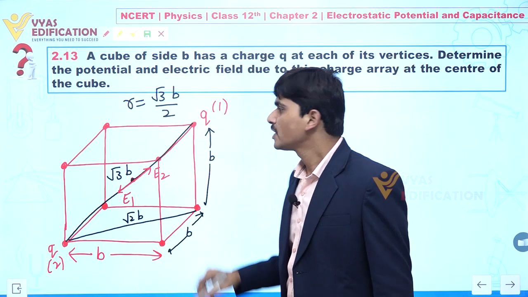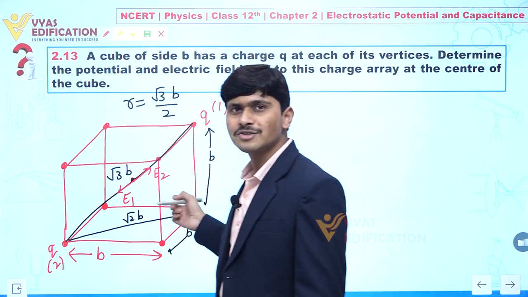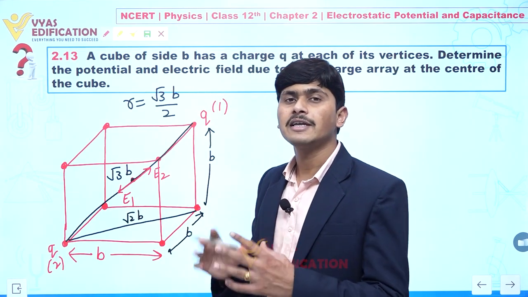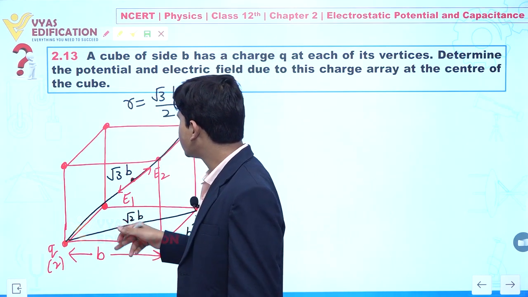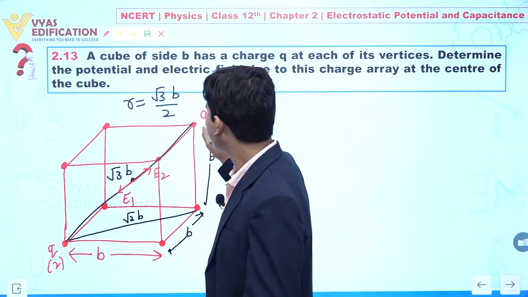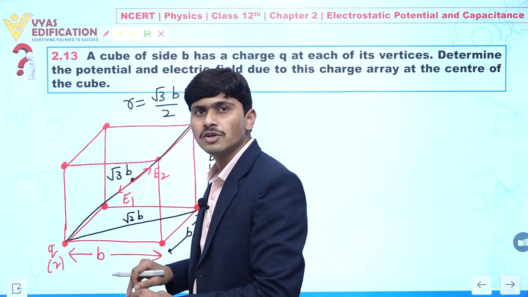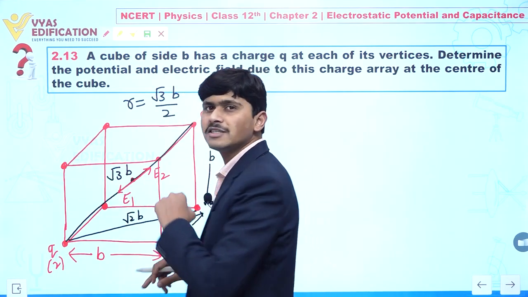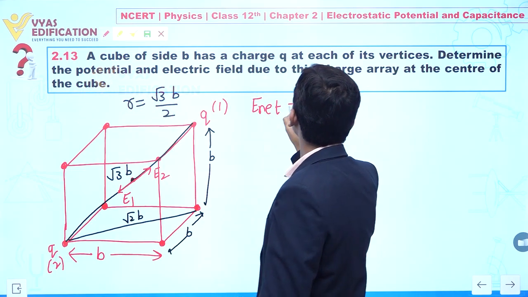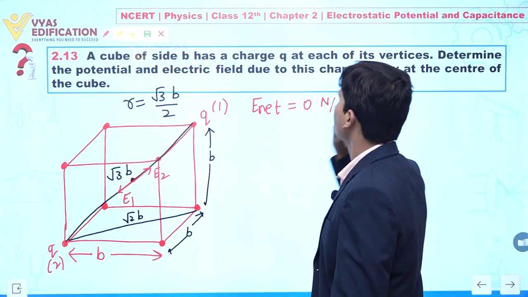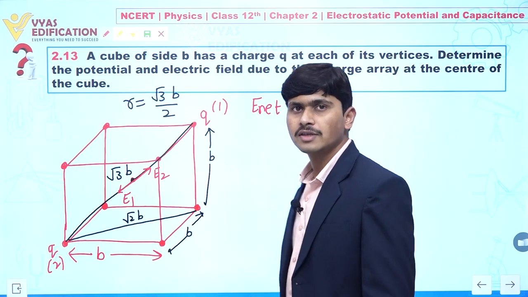Now you can say the charge is the same, the distance is also the same, it means we will get the same magnitude of electric field here, and this magnitude is cancelled out by this charge and this charge, yes or no. Same we can say for the other charges also. It means we can say at the center we will find the net electric field is equal to 0 Newton per Coulomb, clear to everyone, yes or no.